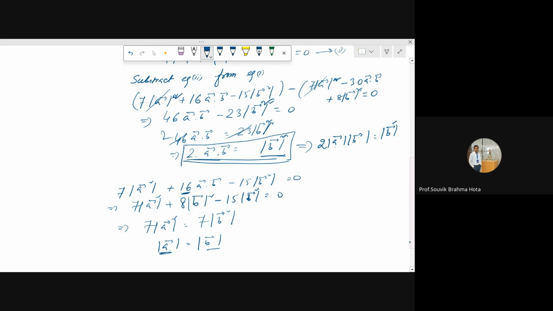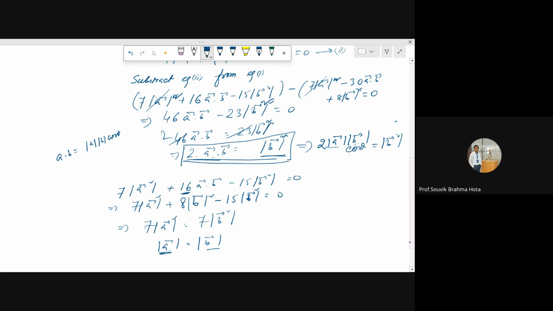If I write this with mods, you need to write cos theta, because you know a dot b is equal to a mod b cos theta. So 2 is there. a dot b, if I write a mod b, that means cos theta immediately after that. So 2 a mod b cos theta is equal to b square.